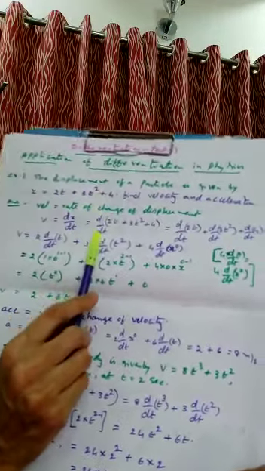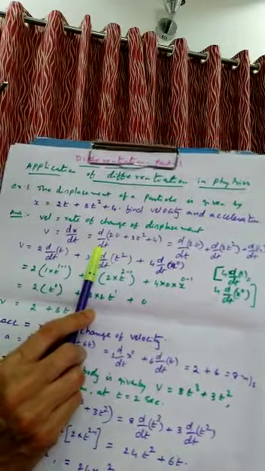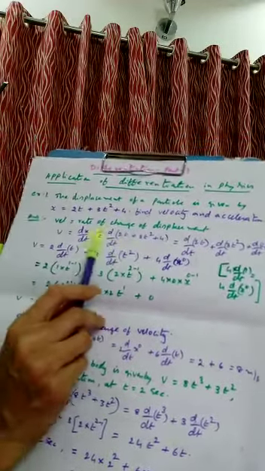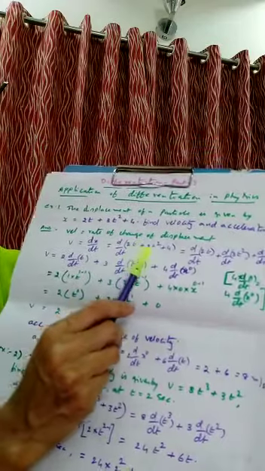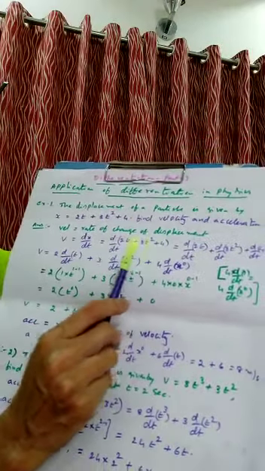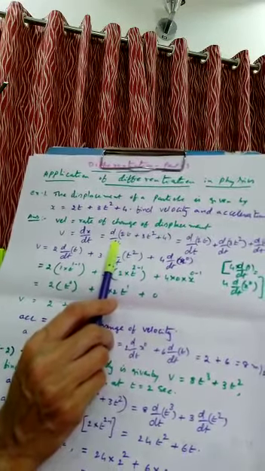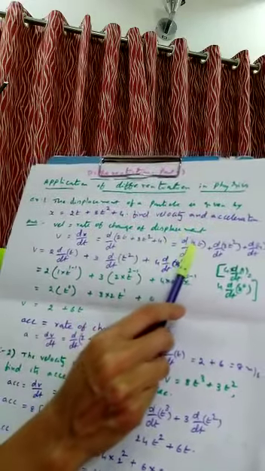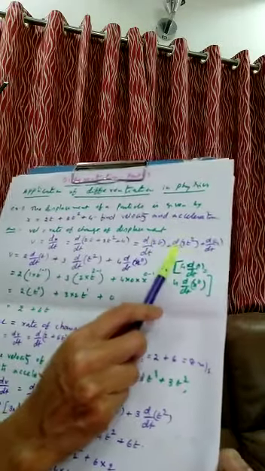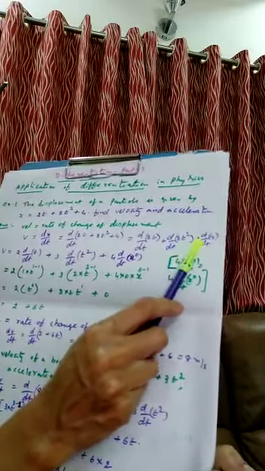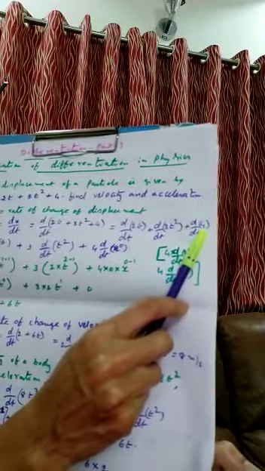d by dt is the differential operator we have done already yesterday, and x is equal to 2t plus 3t square plus 4. We know how to differentiate this: d by dt of 2t plus d by dt of 3t square plus d by dt of 4.